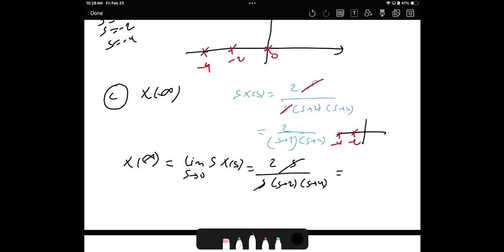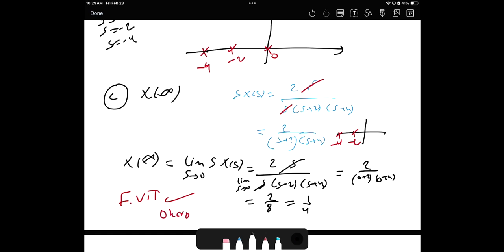Then before I do the limit, it will be 2 over 0 plus 2 times 0 plus 4, so 2 times 4 is 8, 2 over 8, then it will be 1 over 4. That's x of infinity. Okay? So the final value theorem can be applied without any problem.